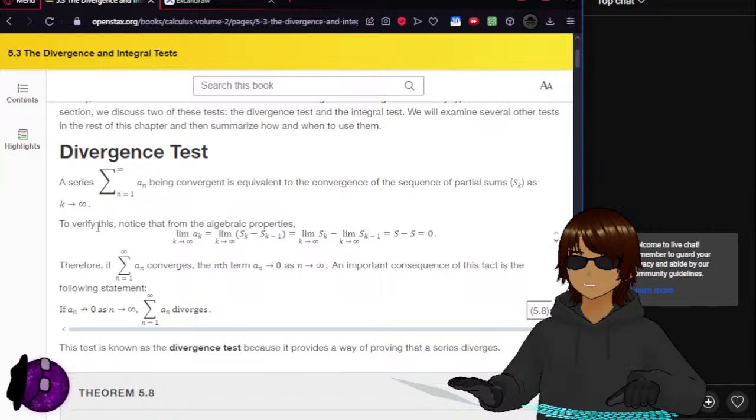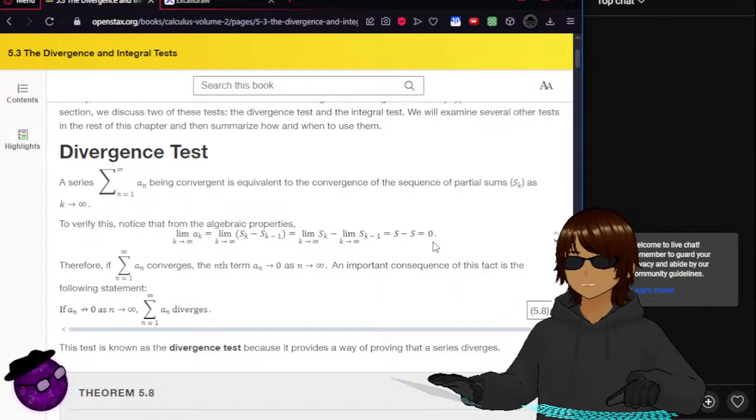To verify this, notice that from algebraic properties, the limit of a n as n approaches infinity is equal to the limit of the sum till n minus the sum till n minus 1, and then s minus s is 0.